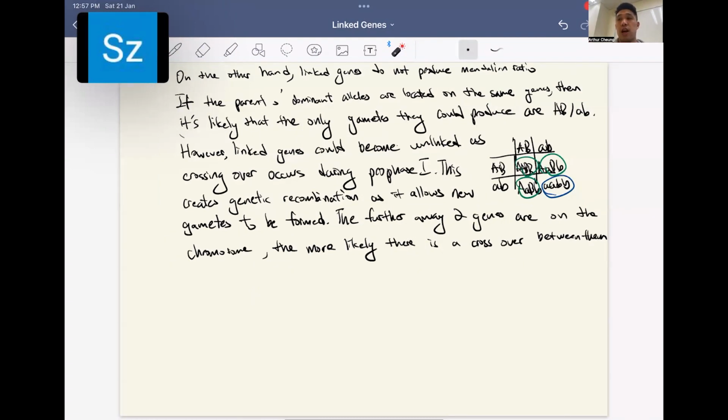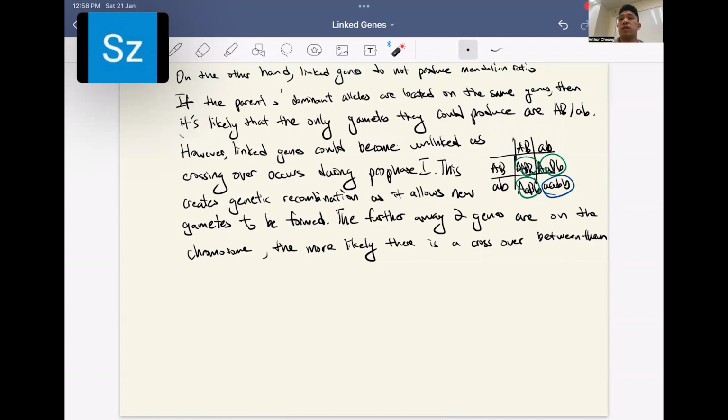You can say that, different to unlinked genes, they will produce a non-Mendelian ratio. There are only 2 types of gametes they can produce. However, even though there are only 2 types of gametes produced, crossing over could create genetic recombinants, which allows new gametes to be formed.